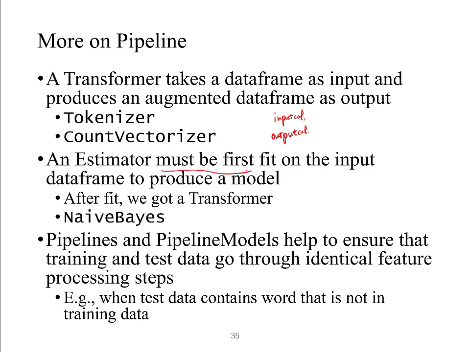So just remember, when you have a pipeline, you need to fit it first, and then call the transform method.